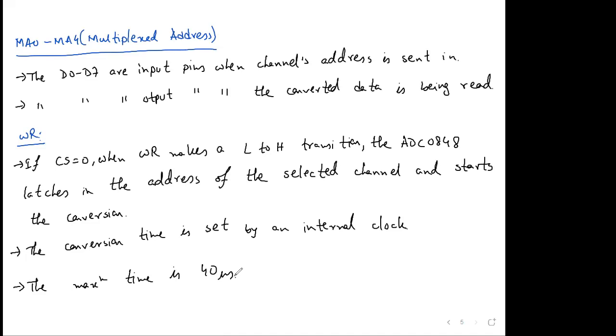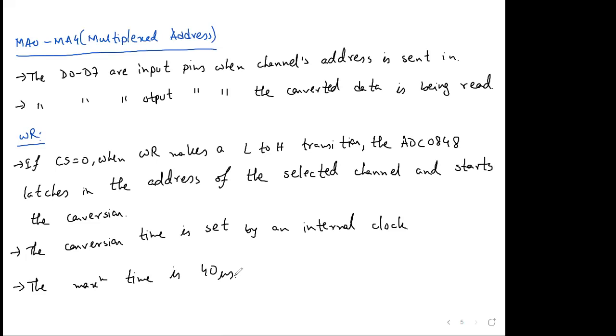Finally, we have got the WR. As usual, when CS is equal to 0 and we provide a low to high transition, your ADC 0848 will read the channel address from the multiplexed address pins.